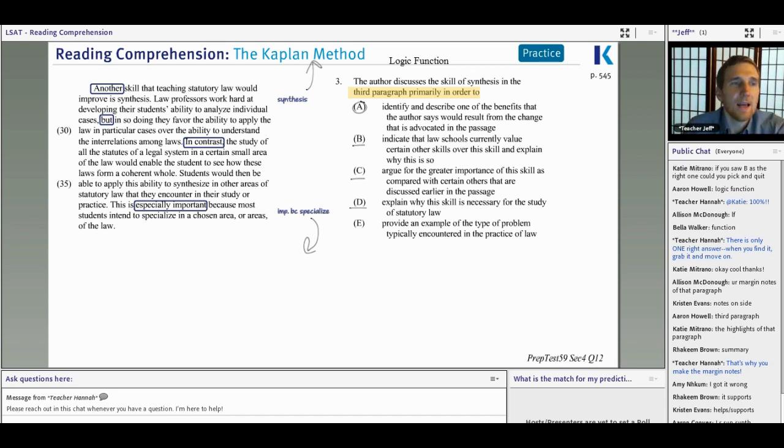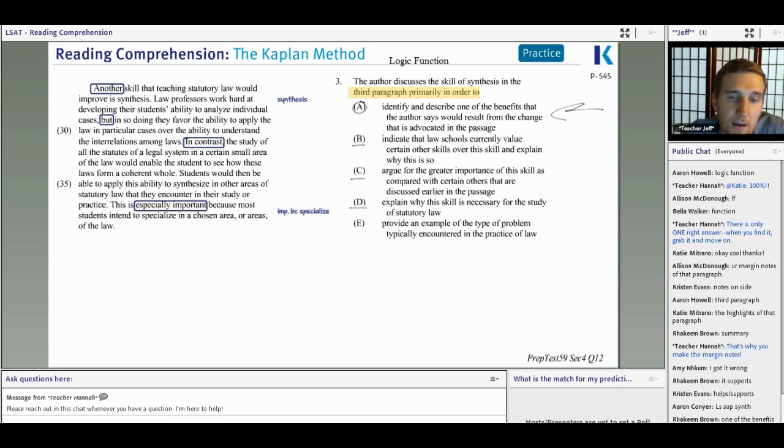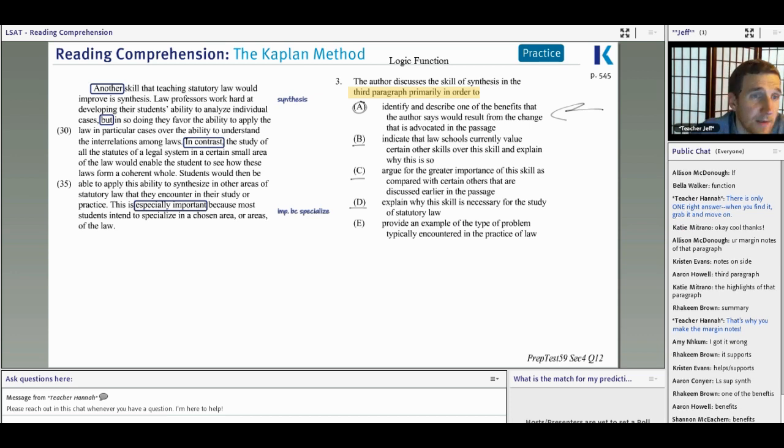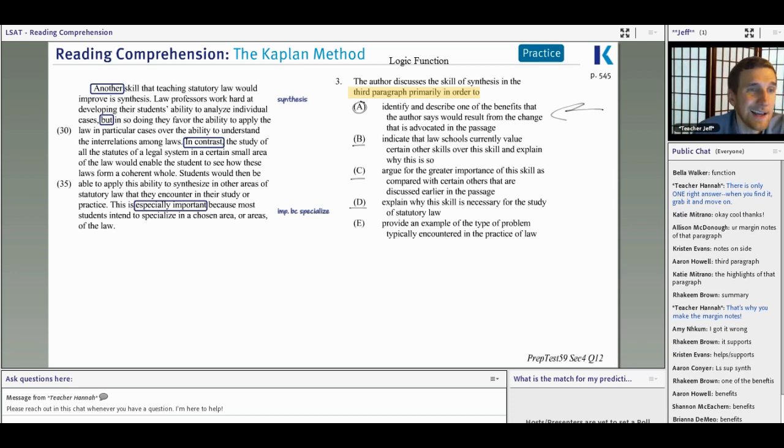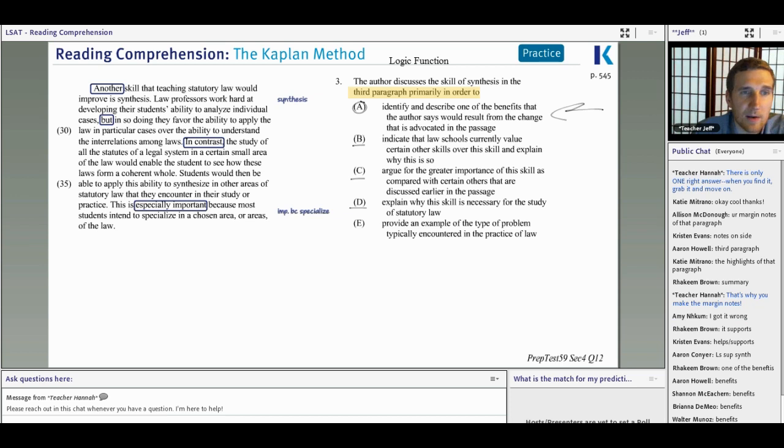If we take a look at answer choice A, what are the words that relate to that? So whether you picked A or not, give it a look and tell me what are the words that really line up with what many of you had in your roadmap. One of the benefits. That's it. Boom, right there. This is just describing one of the benefits that would happen if we did what is advocated in the passage.